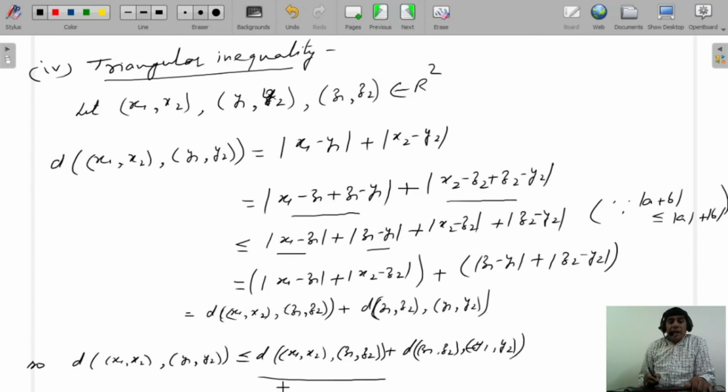So triangular inequality is also satisfied.